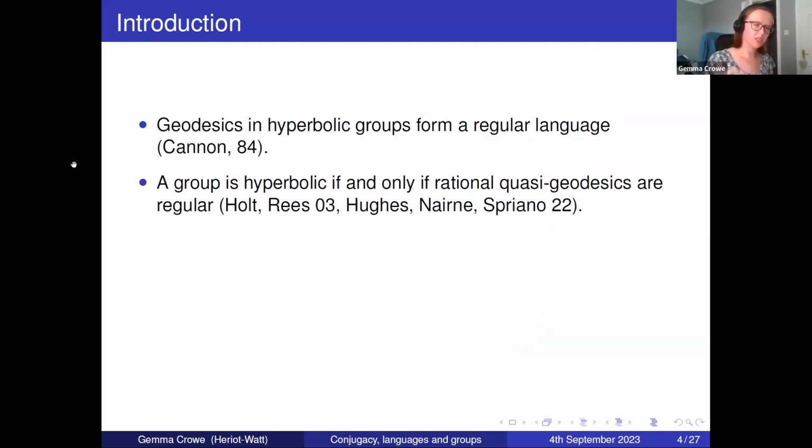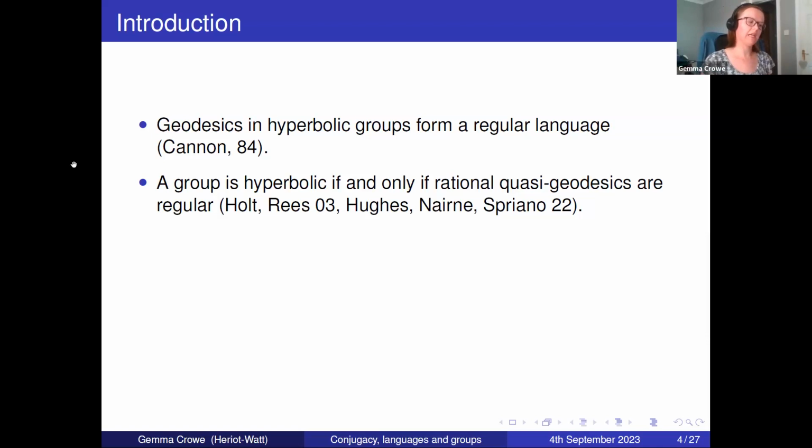Not only that, but actually, due to recent results, we can completely categorize when a group is hyperbolic based on looking at quasi-geodesics and looking at them from a formal language perspective. And depending on whether they're regular or not, that will tell you when a group is hyperbolic. So it does very much capture a geometric property of a group.